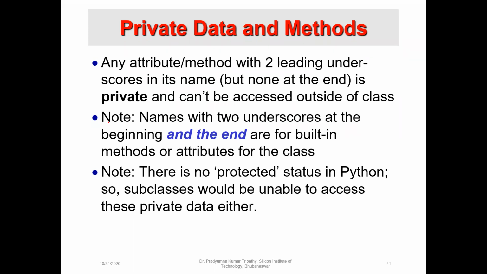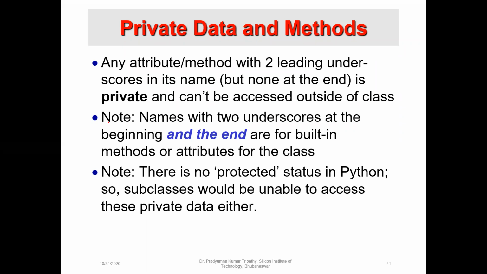Names with two underscores at the beginning and the end are for built-in methods or attributes of the class. So before the variable name, if I give two underscores, that becomes a private variable.